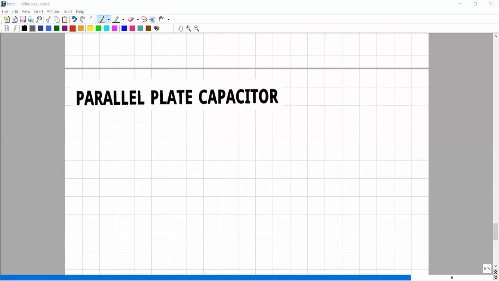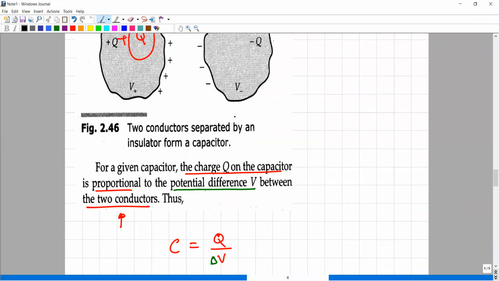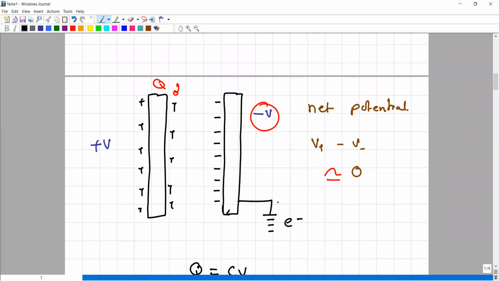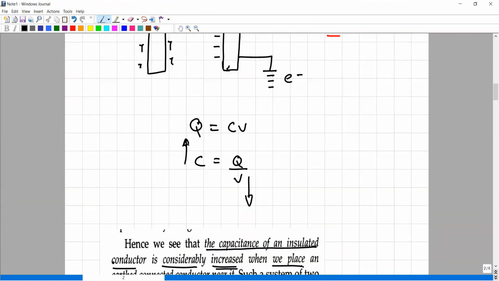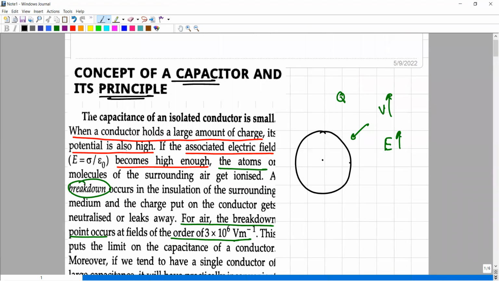We are now going to do the parallel plate capacitor. We are going to find the capacitance, that is the value of C, or basically the expression for C, for a parallel plate capacitor. Now, if you still have any confusion regarding the conceptual part of the capacitance, or why we are earthing one of the conductors, and how the potential is getting decreased and capacitance getting increased, if you have any confusion, go back to the video and see it again, pause it, write it down in your notes.